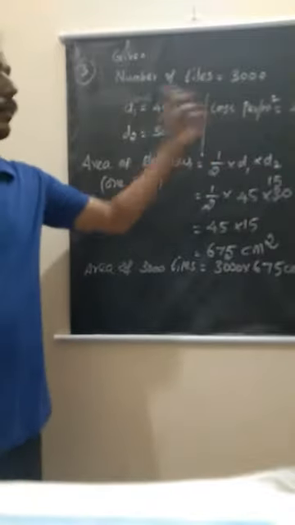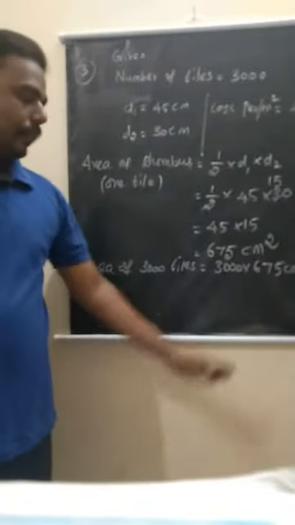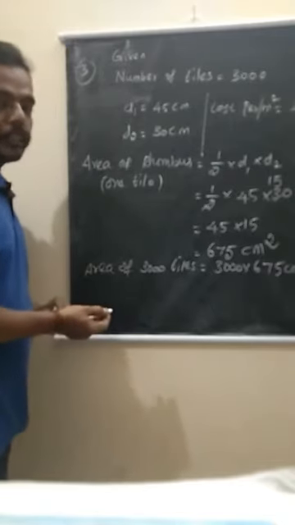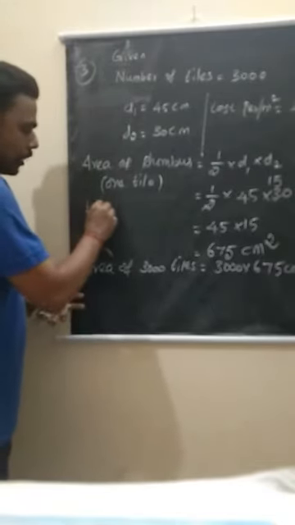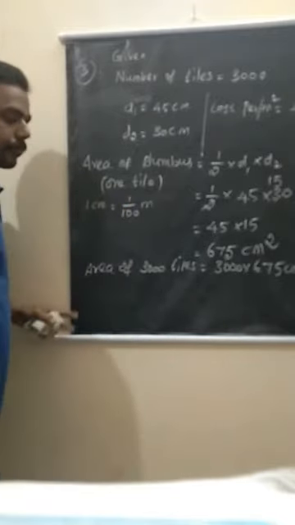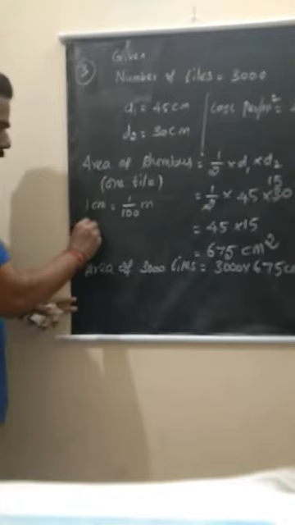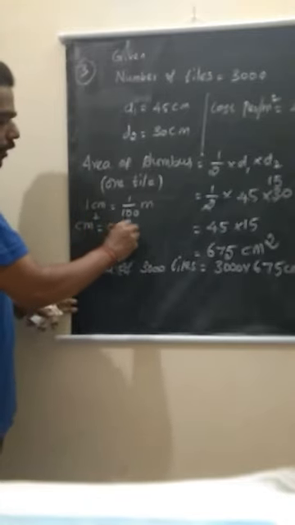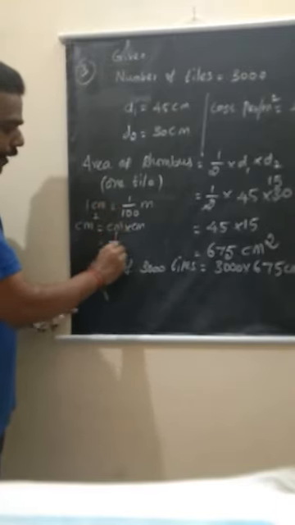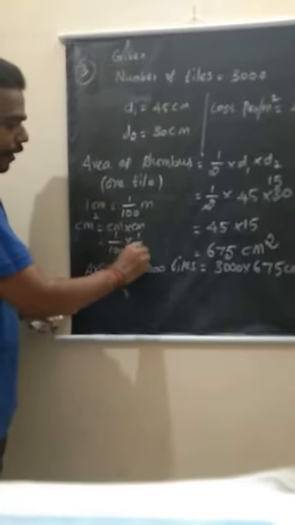But per meter square cost is given. For that we need to convert into meter. Already we discussed, for centimeter into meter we need to divide by 100. For 1 centimeter, 1 by 100 meter. Here centimeter square, so the meaning is centimeter into centimeter. So 1 by 100 into 1 by 100, here also meter, here also meter.